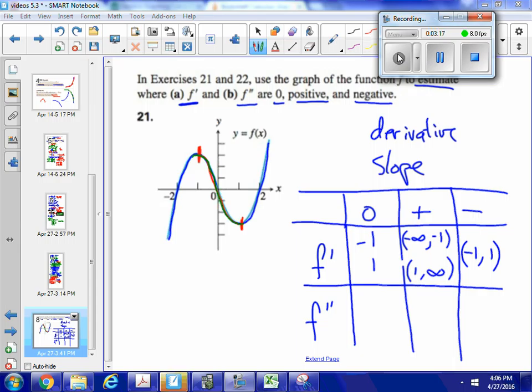Even though it's a negative slope in this area right here, you can see it is starting to get positive. So I would guess that right there at 0, 0 is where my f double prime is starting to change.